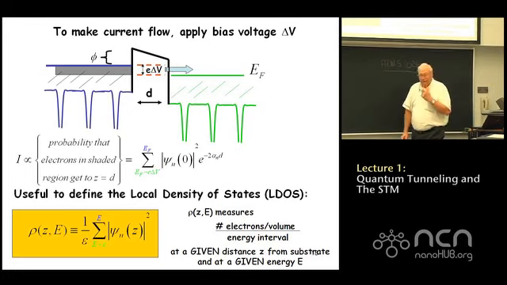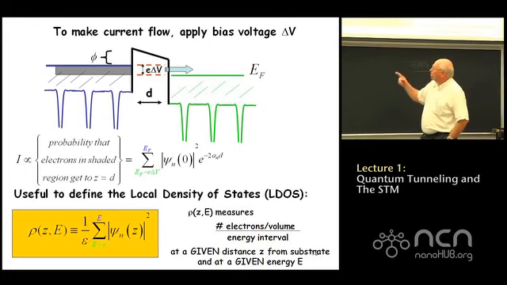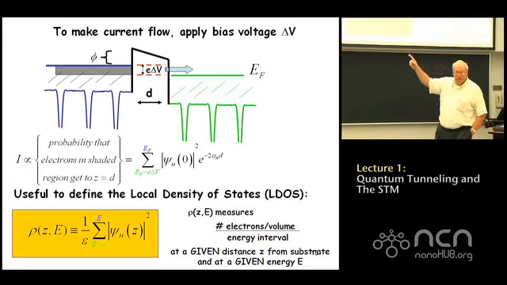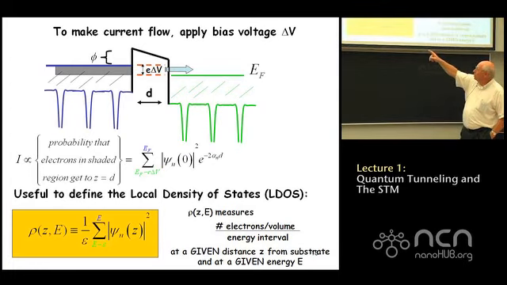It then follows that the tunnel current that flows, if the tip is now biased, let's say the tip voltage is raised positive with respect to the substrate by a voltage delta V, is going to be proportional to the electrons in that shaded region in this graph, times the probability that they get through that barrier.